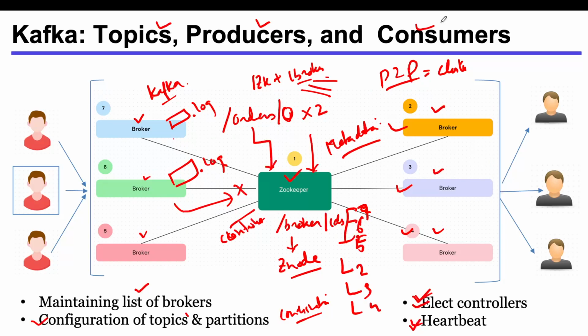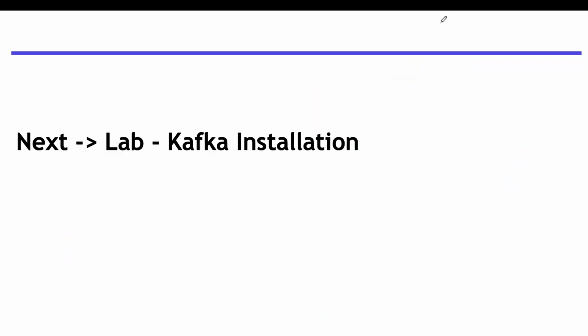So in this module, we talked about the topic, the producer, the consumer, and the role of the zookeeper in the Kafka ecosystem. That's it for this module. In the next module, we'll talk about how to install Kafka in your environment.